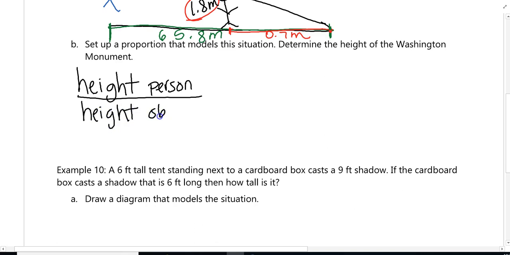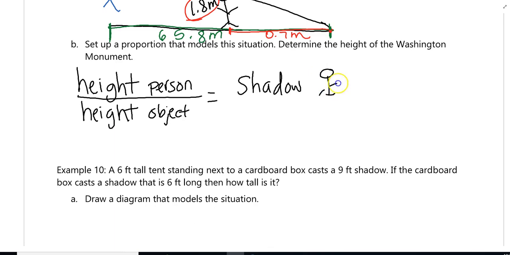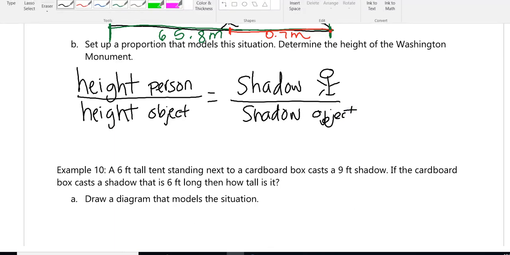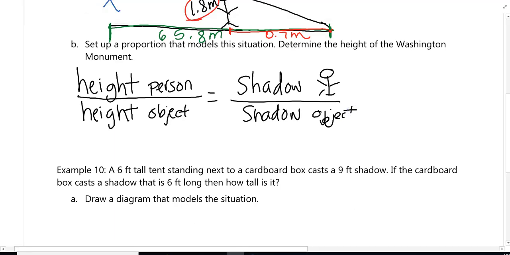So I'm just going to put the object because shorter to right. That's going to equal then, if we're doing the height of the person, then you have to have the shadow of the person. Shadow of my little guy. It's a little person. And then the shadow of my object.